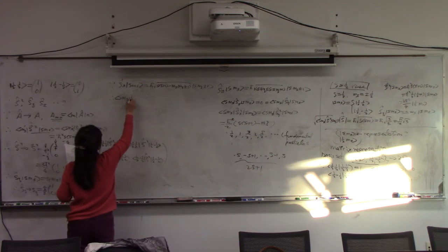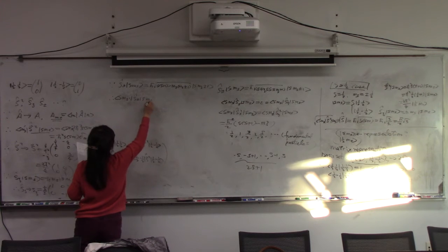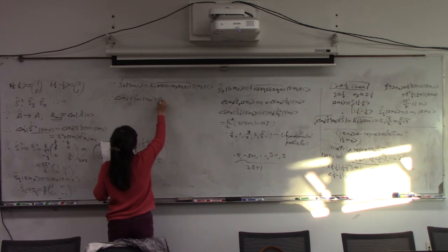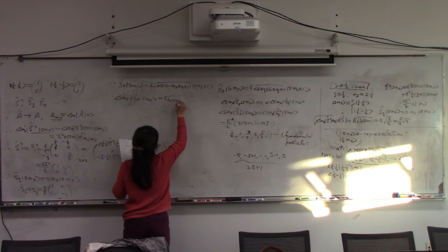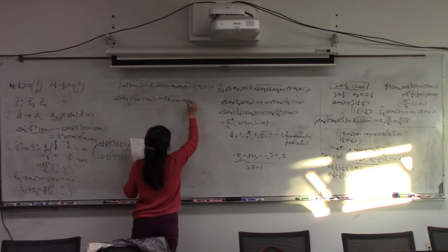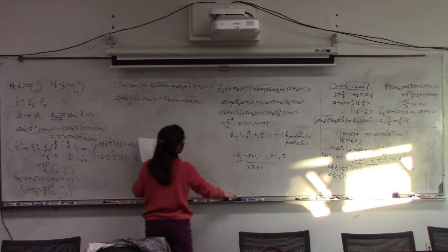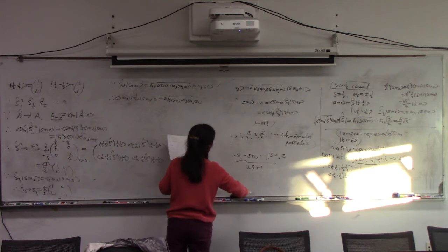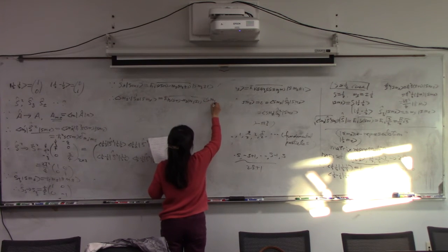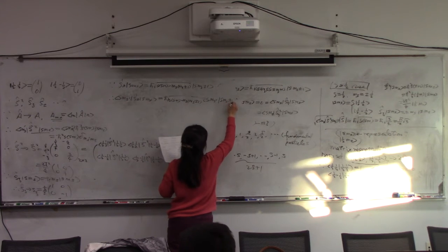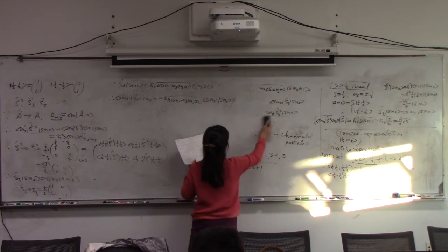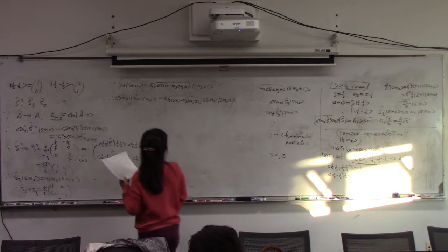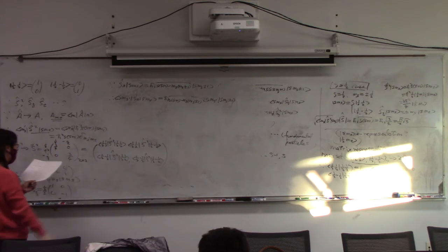S Ms prime is plus minus S Ms, is equal to S is half, Ms plus 1. Here, S Ms prime, S Ms plus minus 1. Then you can see definitely it is not diagonal. If Ms prime equals Ms, it is equal to 0, only when Ms prime equals Ms plus minus 1.